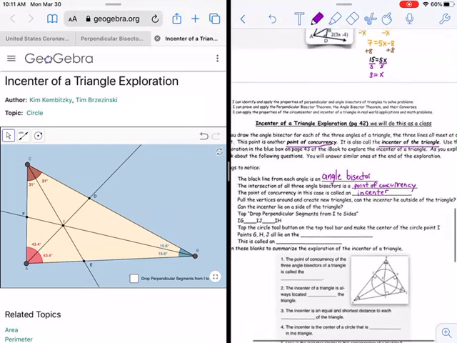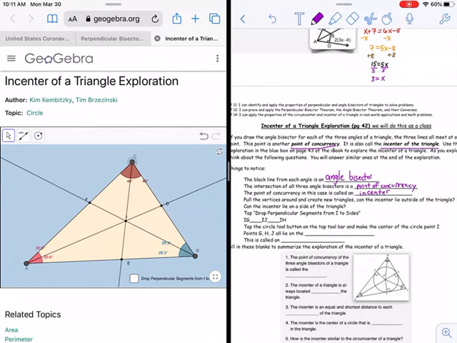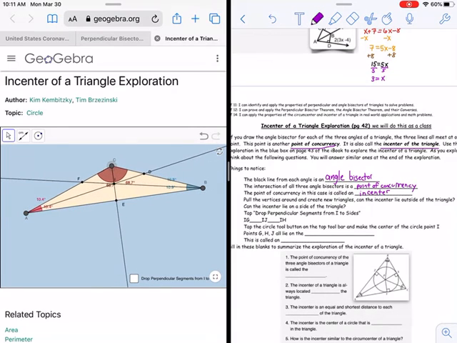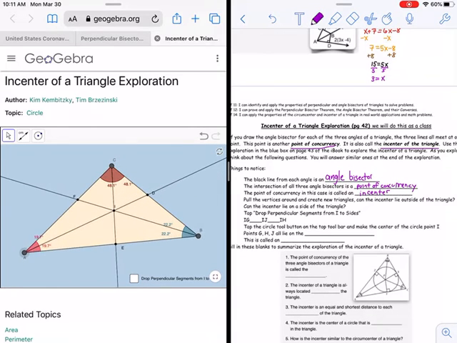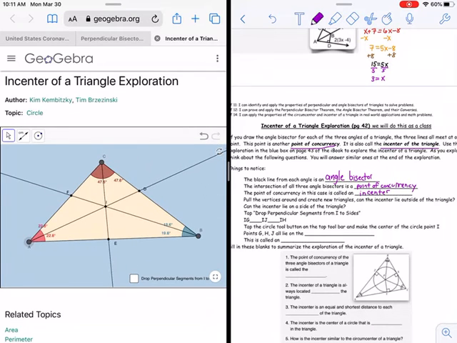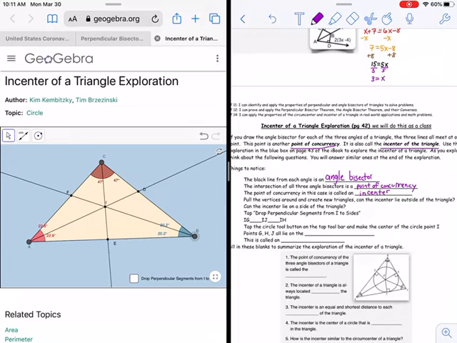Just to show you that I'm not pulling your chain, look, I can make any kind of triangle I want. They're always going to intersect. Oops, I made a straight line there for a second. Always going to intersect. I can't get the lines to not intersect. Pretty crazy that for any triangle that has existed or will exist in the future, all three angle bisectors will intersect at one point.